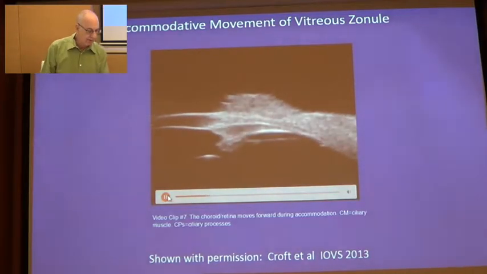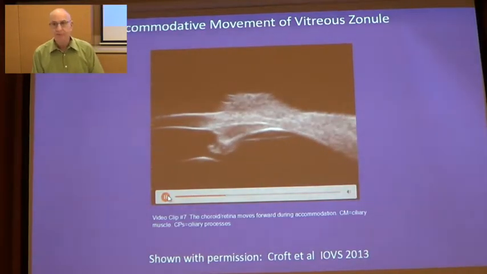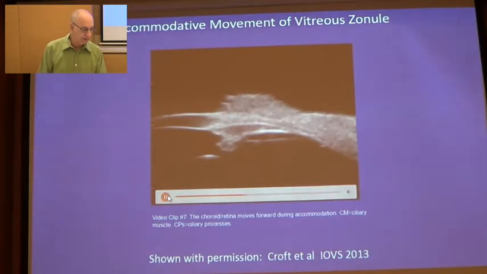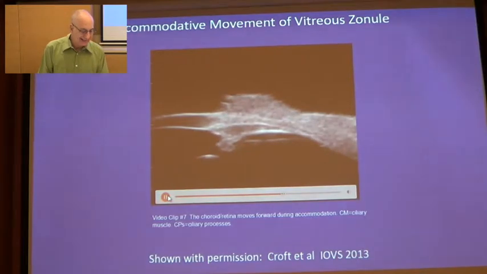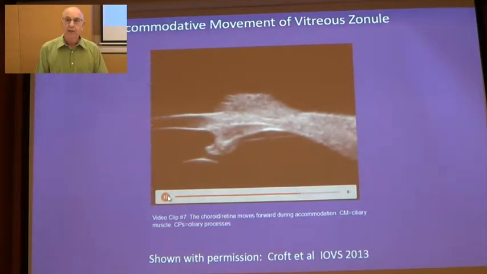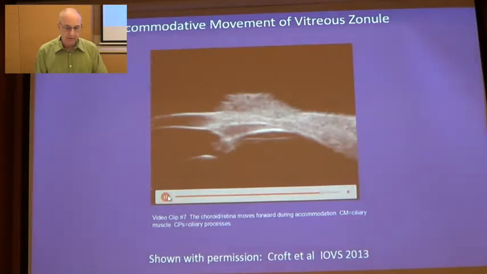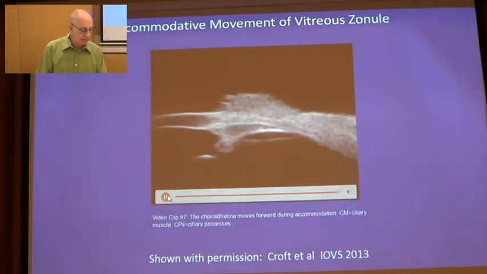Okay, here in a rhesus monkey eye, we can see the reciprocal movement of the ciliary muscle pulling the posterior zonules and the elastic extension in the choroid, as well as the return of the ciliary muscle during disaccommodation.